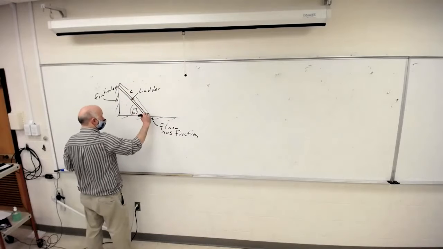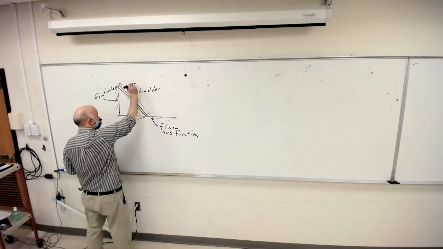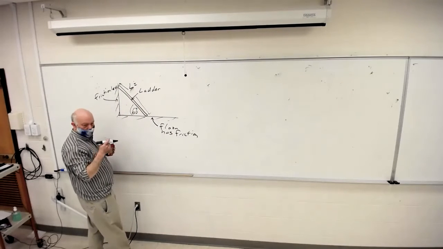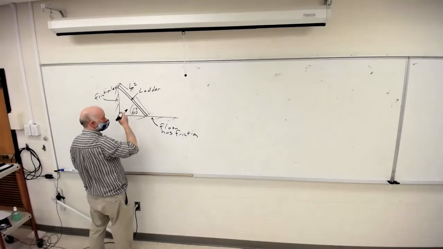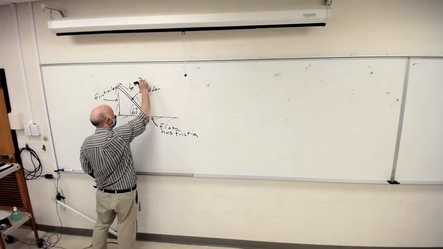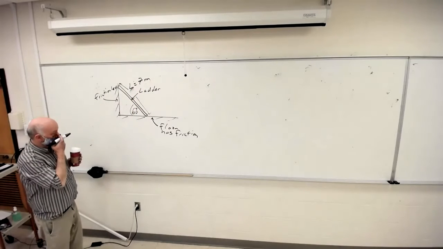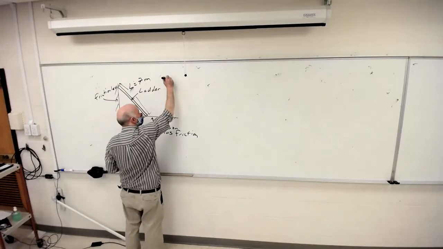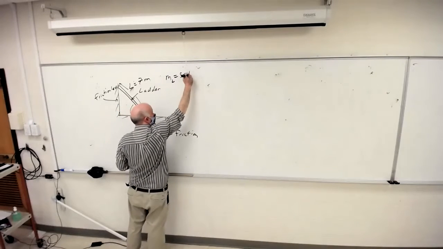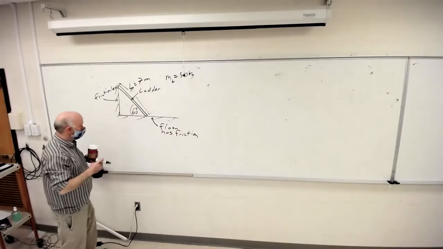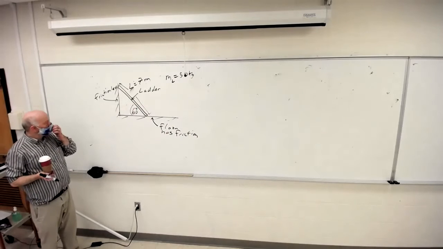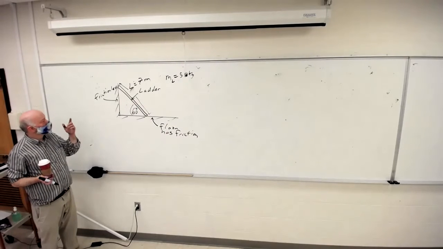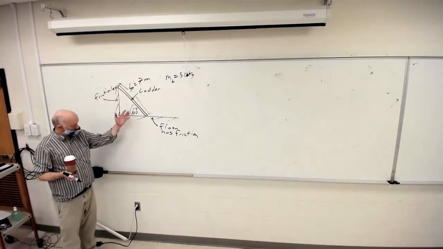Say this is some length L. What's a good ladder length? Let's say 7 meters, 60 degrees there. What's a good ladder mass? Let's say 50 kilograms. Let's find the force on the wall here and the force on the floor here.